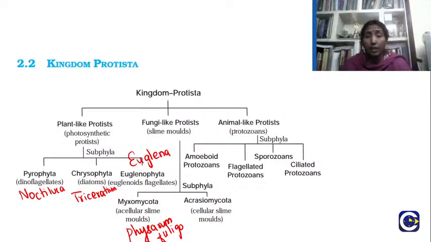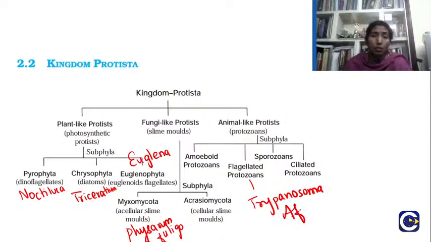Then we have the animal like protists, like amoeboid protozoans, we have the amoeba. Flagellated protozoan, what example? Sanju, can you give me some example of flagellated protozoan? Like we have the Trypanosoma causing African sleeping sickness. You would have studied it, remember, African sleeping sickness. So that is one good example. Then we have the ciliated protozoan.